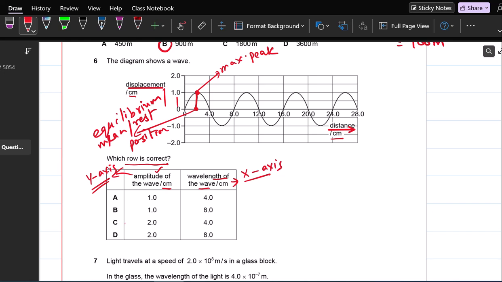So C and D are not possible, either A or B. So 1 centimeter is the amplitude. What will be the wavelength? Wavelength is the distance from one point to another point in the same phase, or you can say from one crest to the next consecutive crest. So it is going to be 8 centimeters. So B is the right option here.